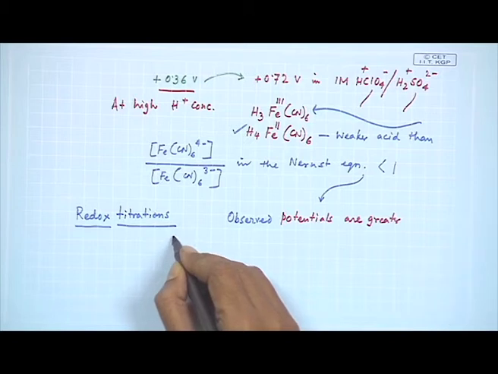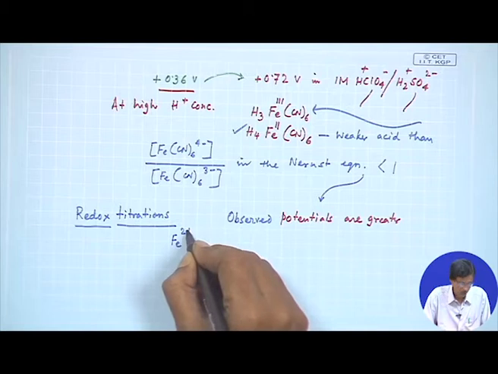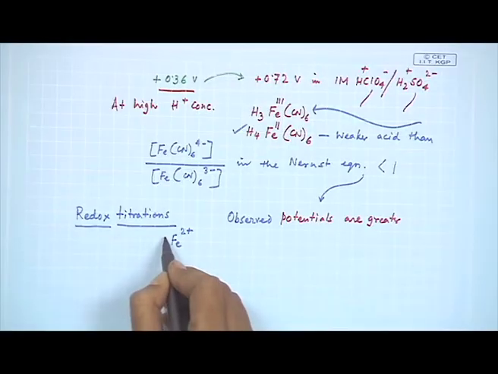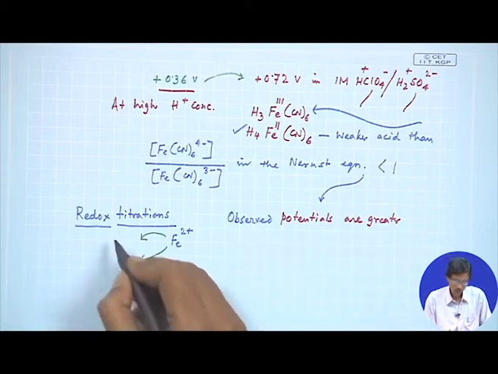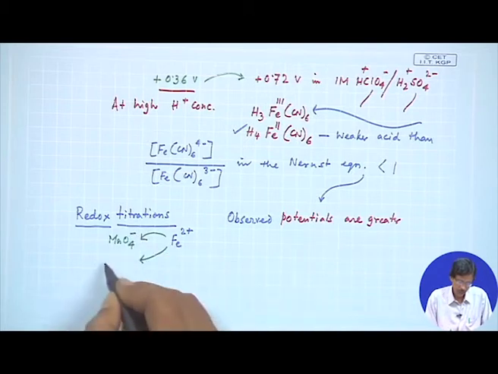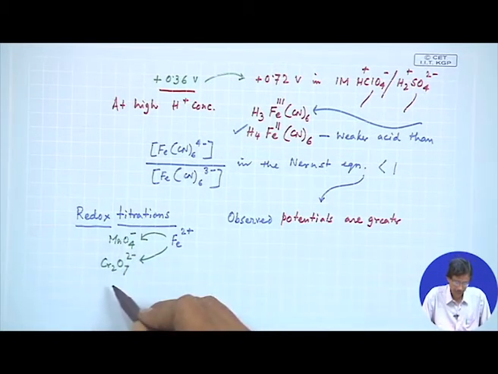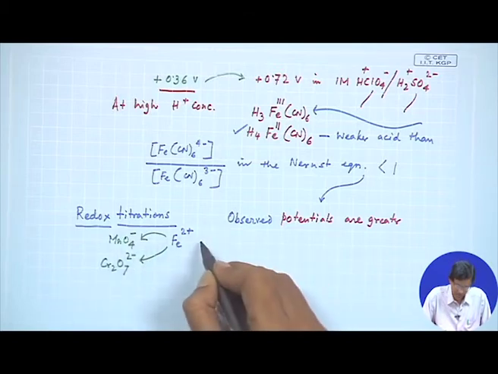One such example: as I told you earlier, the ferrous ion can be titrated nicely, as you know from school or college days, using solutions of permanganate ion or dichromate ion.